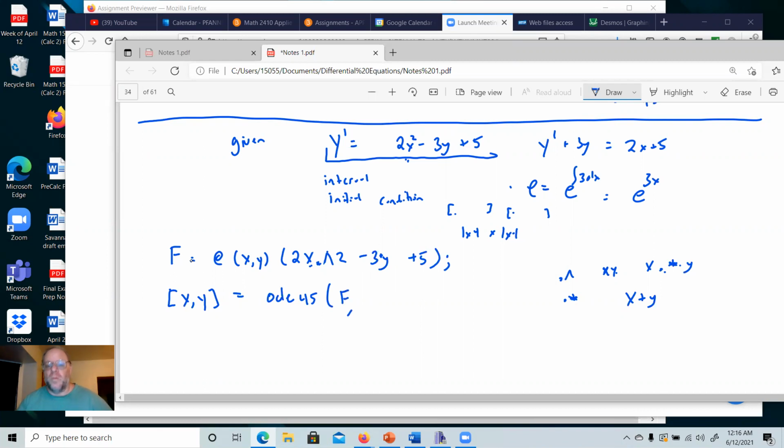Where would you like us to solve the differential equation? So we need an interval, and this is the interval that x lives on. So you might say this is going to go from 0 to 3, square brackets, 0 to 3.